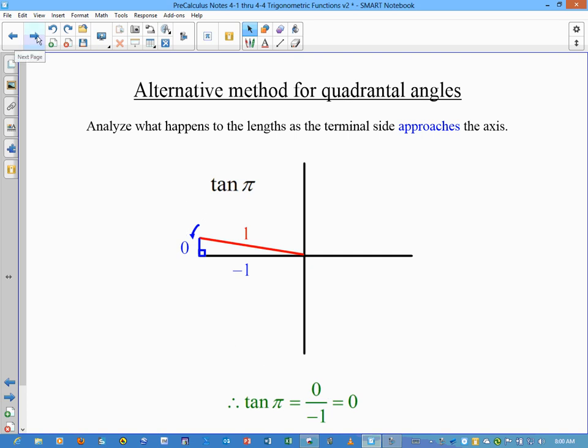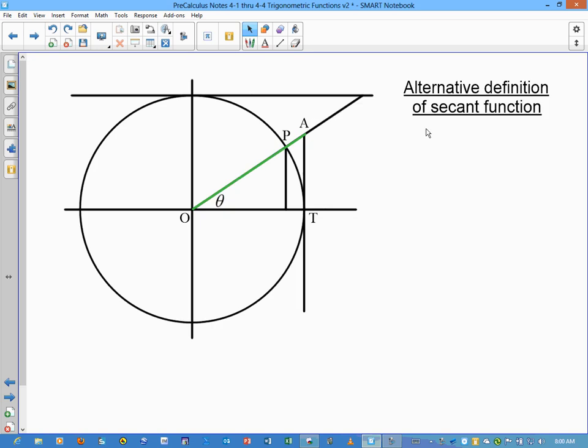I also want to show you an alternative definition of secant. We remember from before that secant is that segment OA in this diagram.